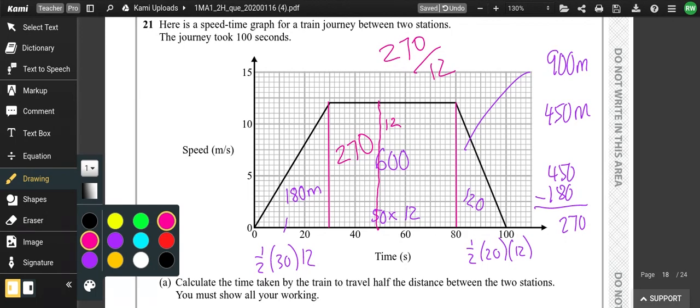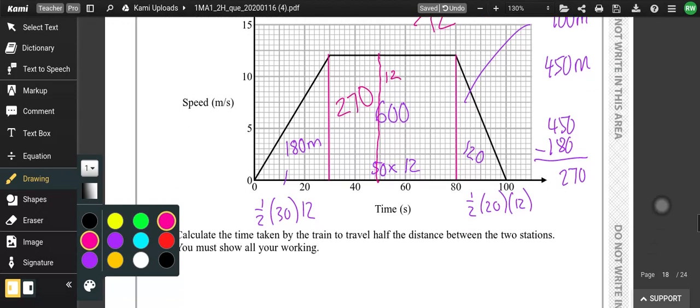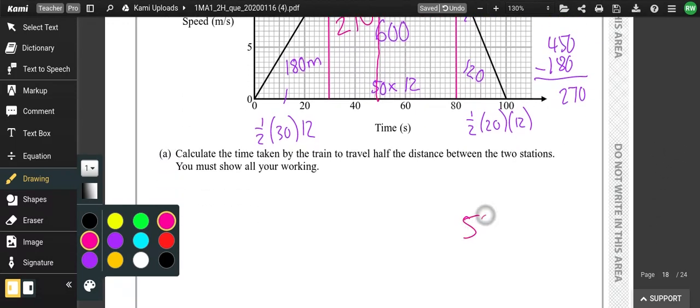So 270 over 12 is 22.5. So we've got the 30 seconds to travel 180 and another 22.5 to travel the final 270. So we add those together to get 52.5. 52.5 seconds.